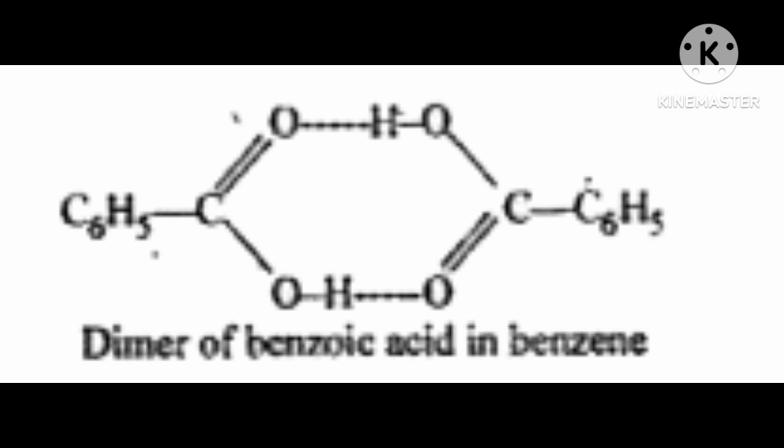The other way, in terms of colligative properties: observed colligative properties, meaning experimental, divided by calculated, meaning theoretical, colligative properties. This is also called the Van 't Hoff factor, small i.